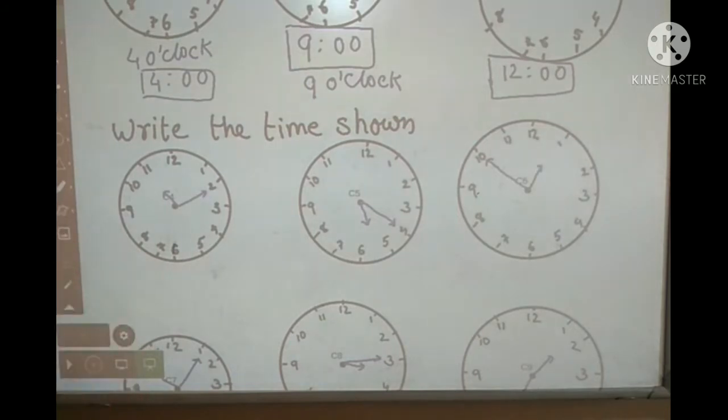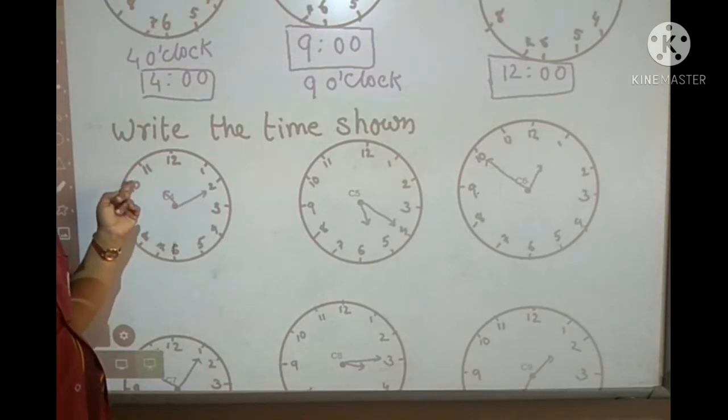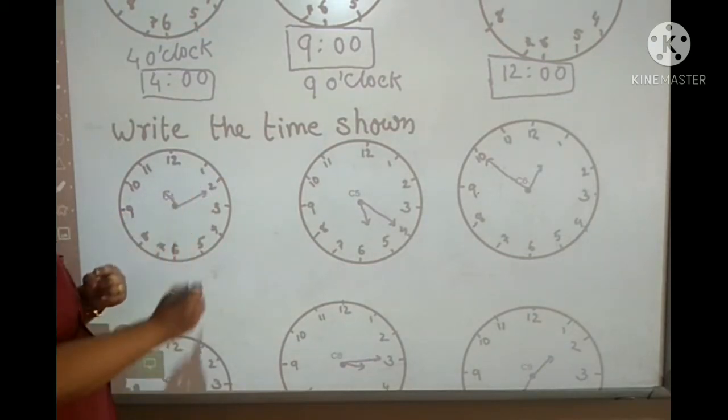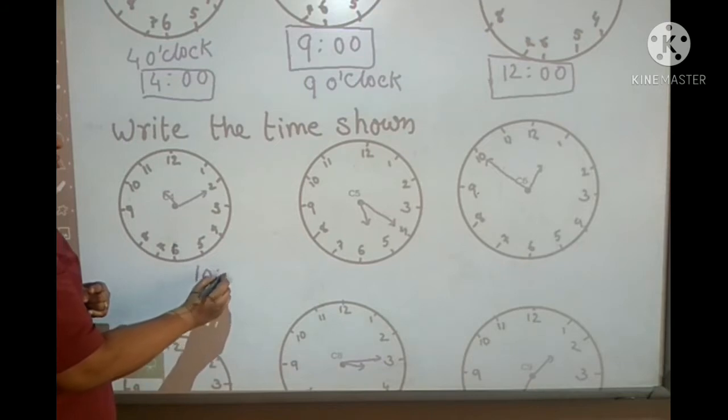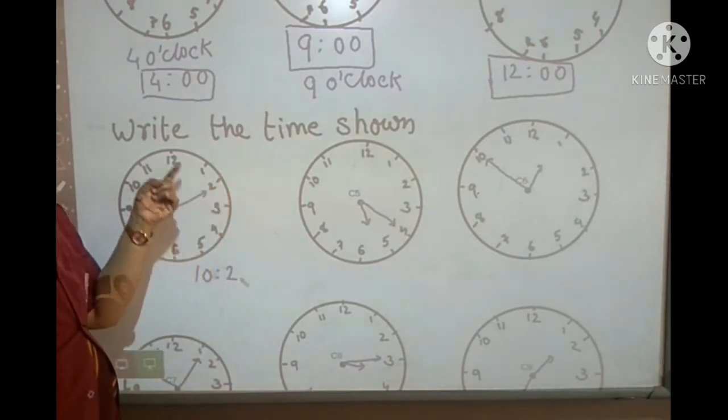See here, the minute hand is on 2 and the hour hand is between 10 and 11. Between 10 and 11, which number will we say? We will say 10. And the minute hand is on 2. 2 means we won't write 2, we used to write 10.